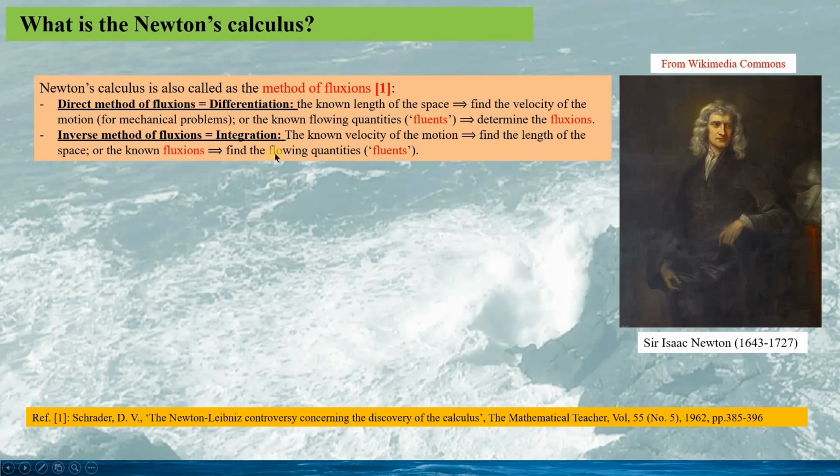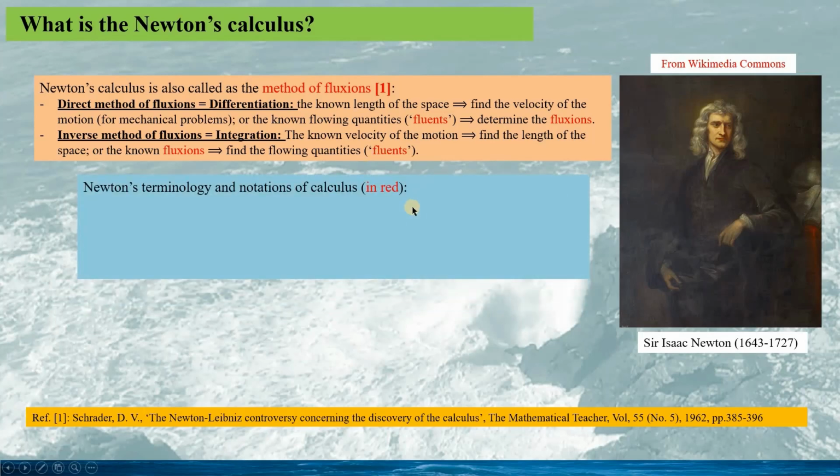And the inverse method of fluxions is equivalent to the modern integration. For instance, if the velocity of the motion is known, find the length of the space, or if the fluxions are known, find the flowing quantities, the fluents.